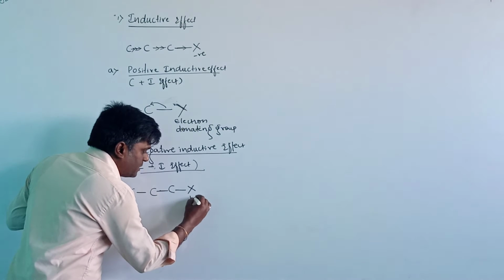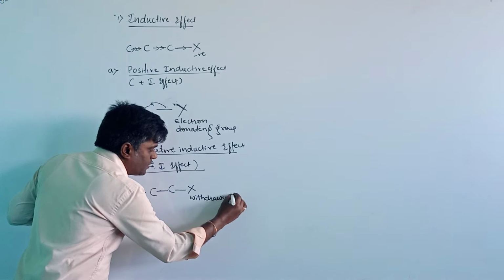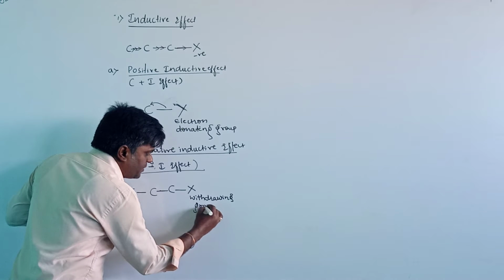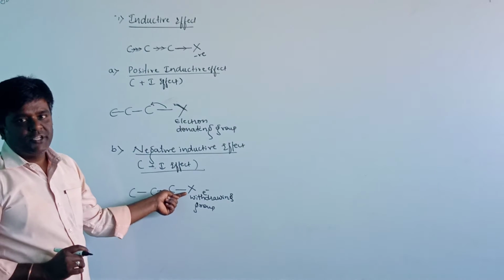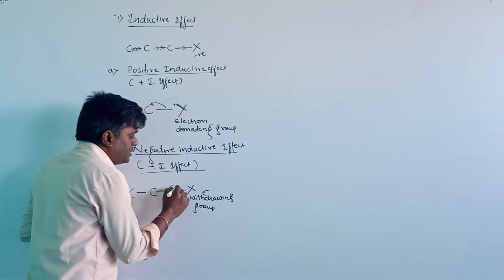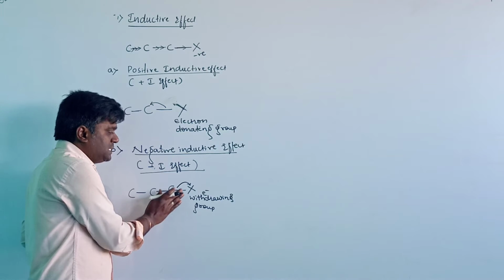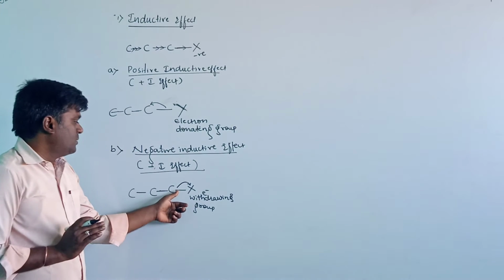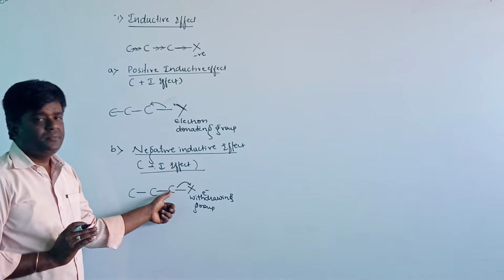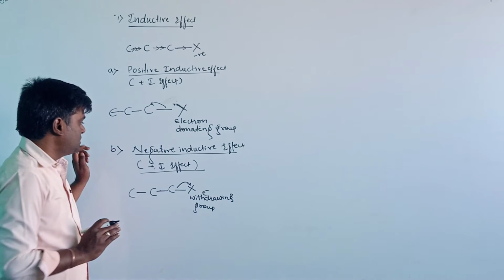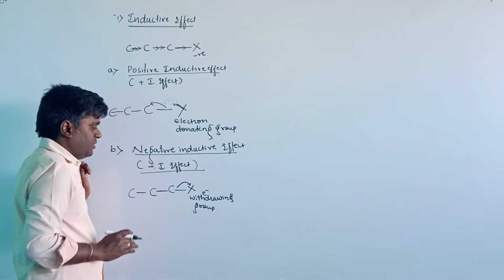Here we are considering X as the electron withdrawing group. When the electron withdrawing group is attached to the carbon chain, it withdraws the electrons towards itself. The movement of electrons will take place towards the subsequent group, away from the carbon chain. Then the effect is known as the negative inductive effect.